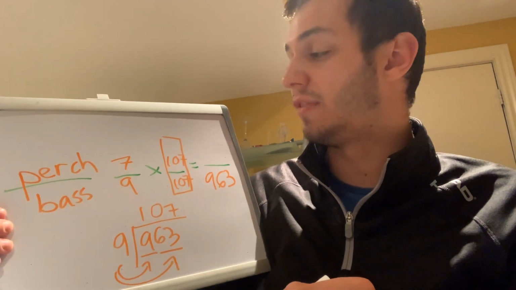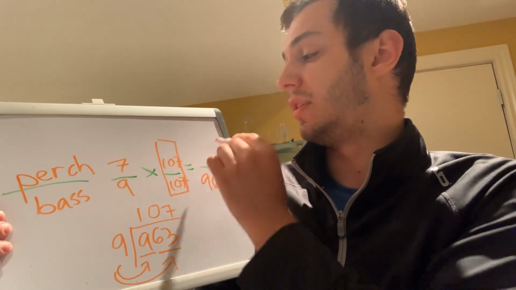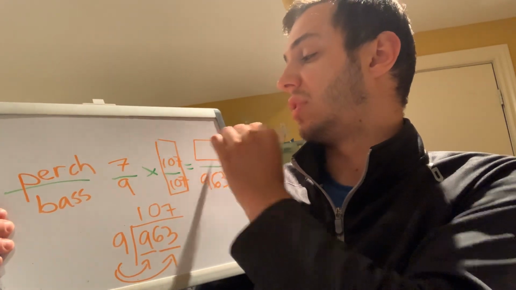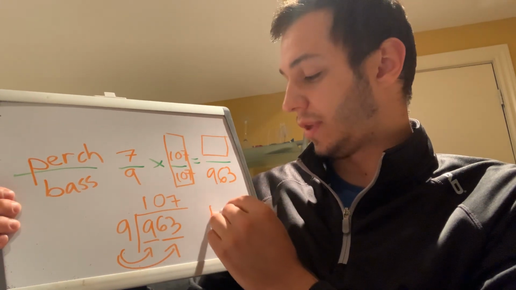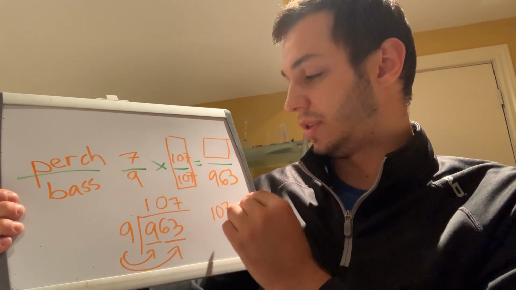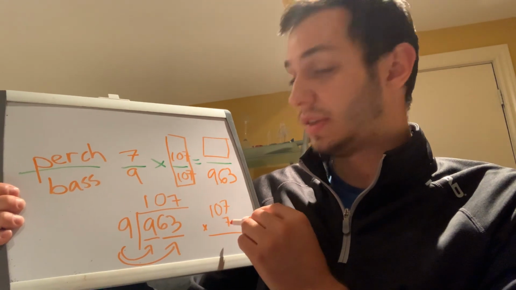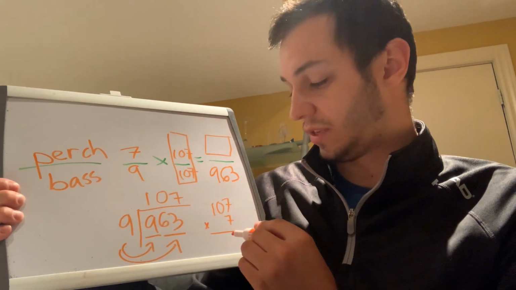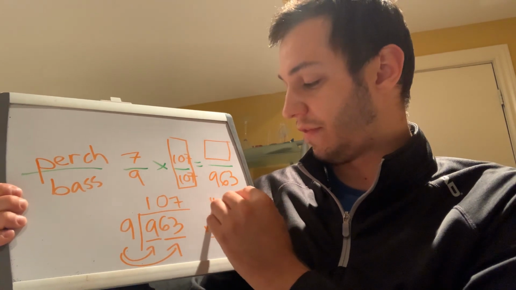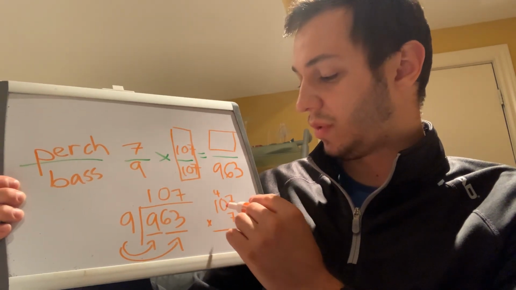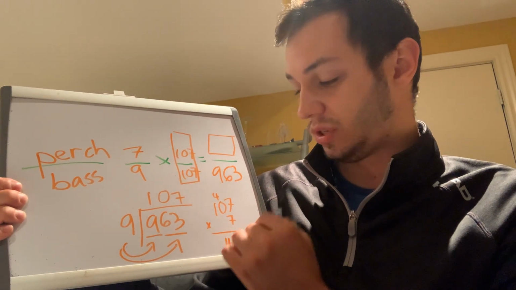So now what we have to figure out is 7 multiplied by 107, and that will give us our missing number for our last fraction. Right, so we can write this right over here, 107 multiplied by 7. 7 multiplied by 7 gives us 49, so I'll put the 9 there, carry over my 4. 7 multiplied by 0 is 0 plus 4, which is just 4.